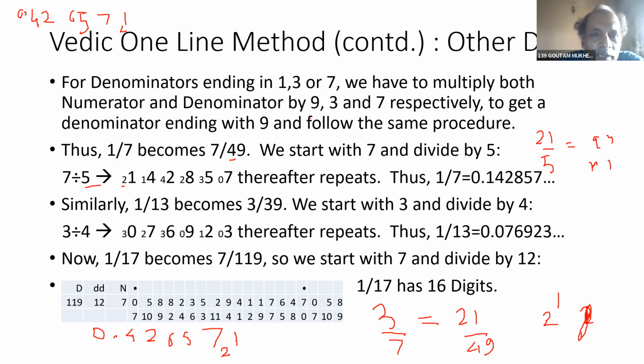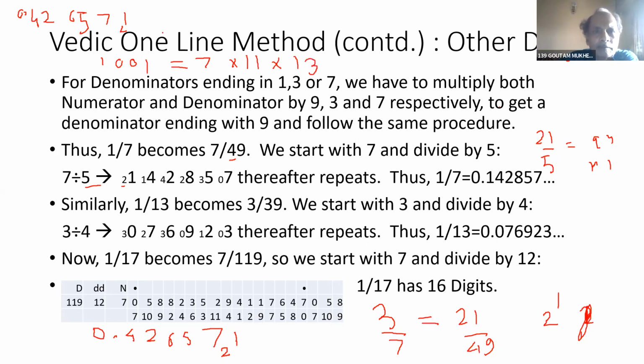But here you will find that in case of 13, it comes back at 6, because 13 is a factor of 1001. I told you, 1001 is factorized as 7 into 11 into 13.